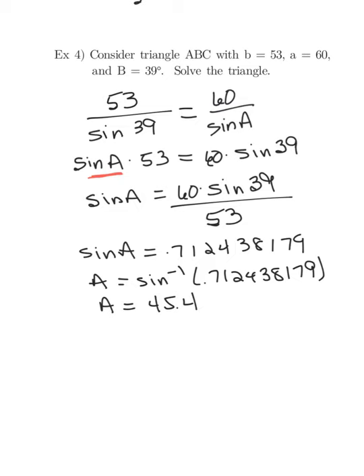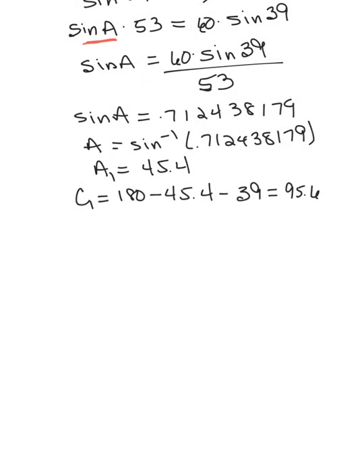This is our first possibility for A, so this will be A1. So now we know angle B and angle A1. We're going to find angle C1, do 180 minus angle A, which you just found to be 45.4, minus angle B, which we were told is 39. So angle C must be 95.6.